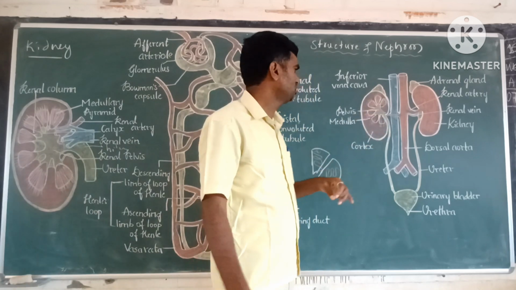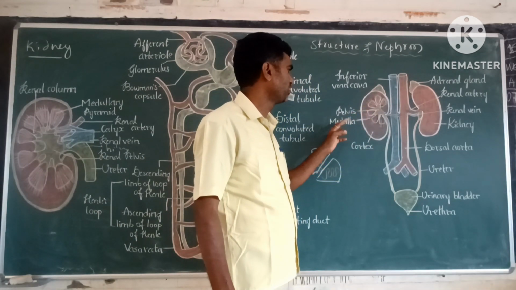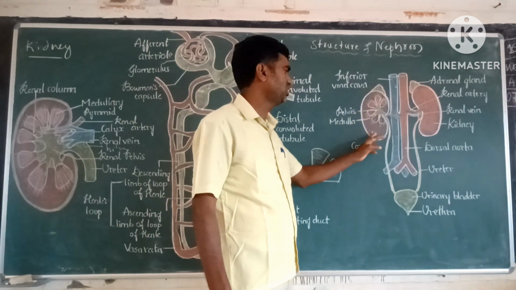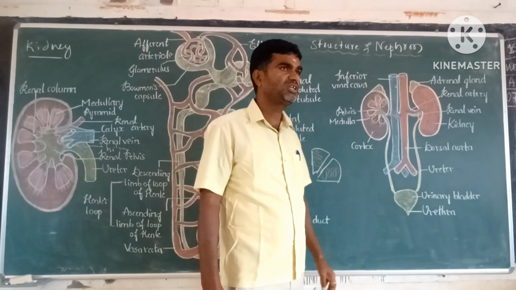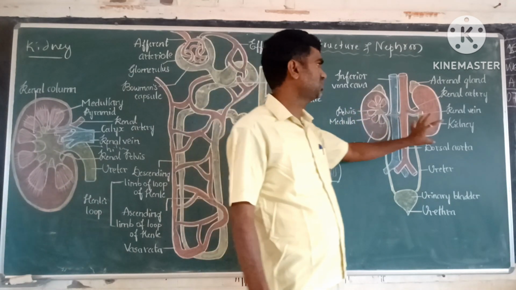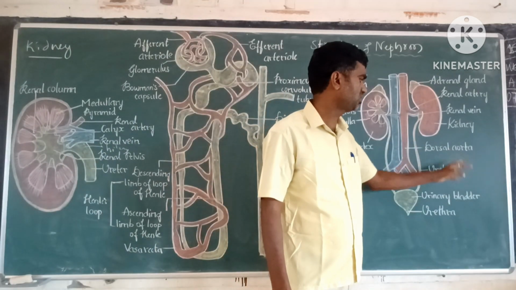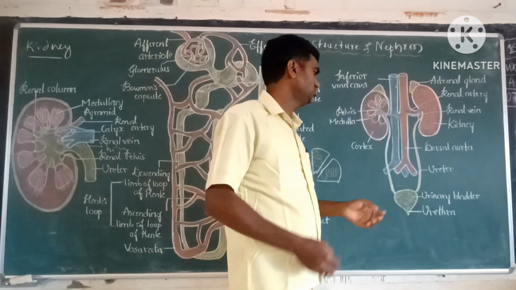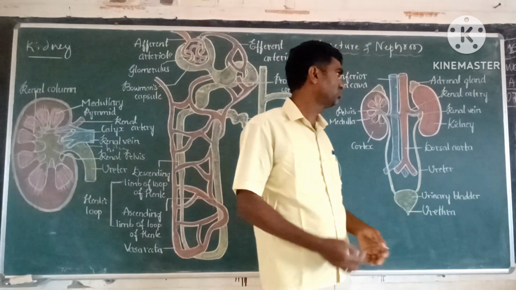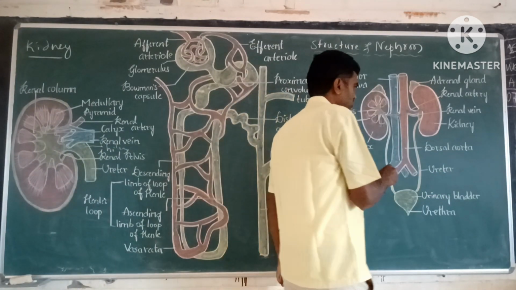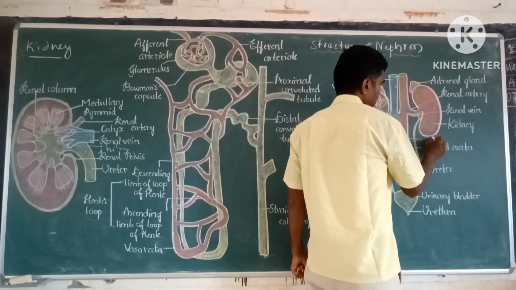This is called the medulla, and this is the cortex. So this is the structure of the kidneys. Next, the dorsal aorta, and this is the ureter. And these are the renal arteries.